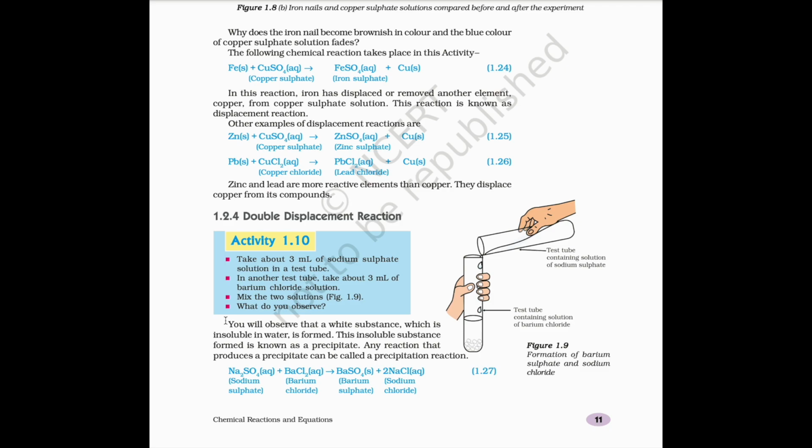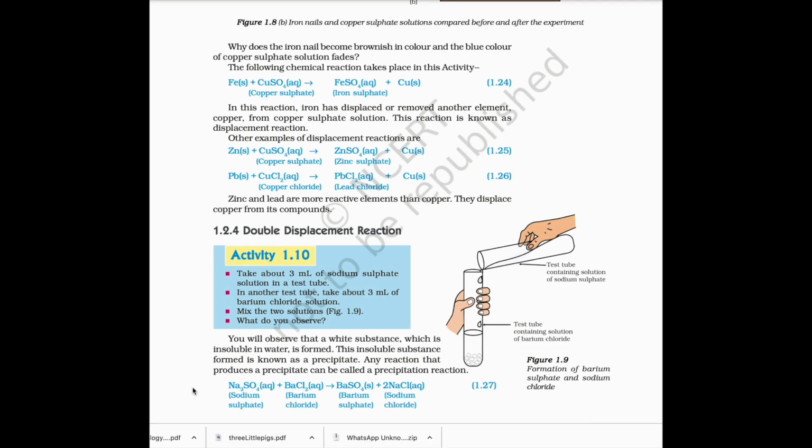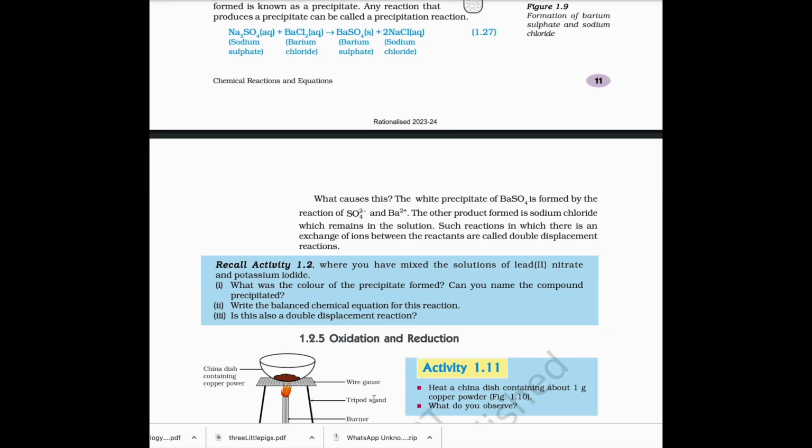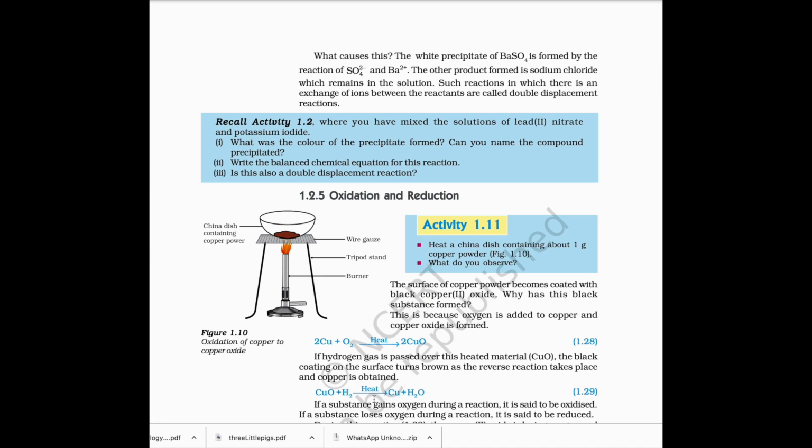Any reaction that produces a precipitate can be called a precipitation reaction. Na2SO4(aq) + BaCl2(aq) converts to BaSO4(s) + 2NaCl(aq). What causes this?